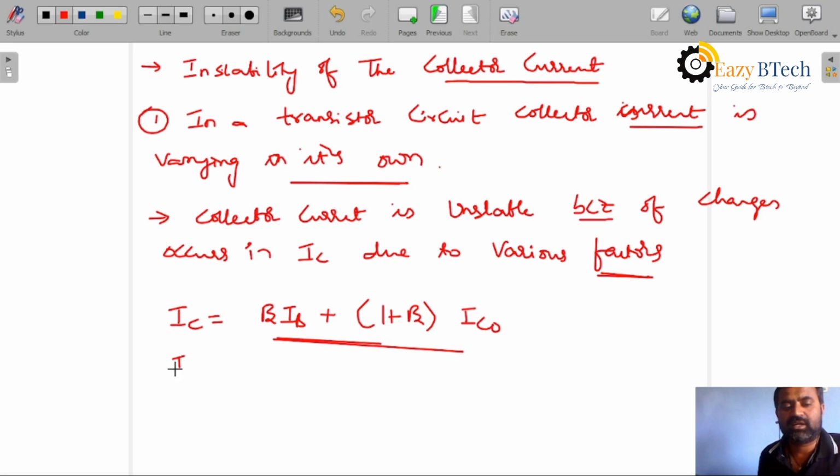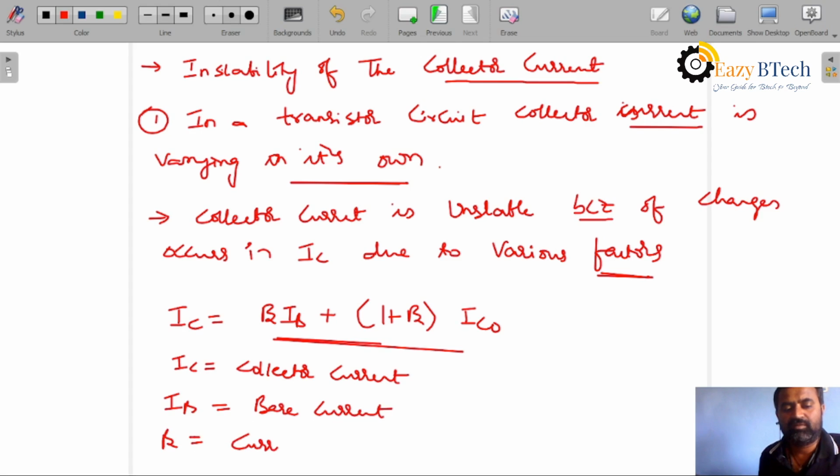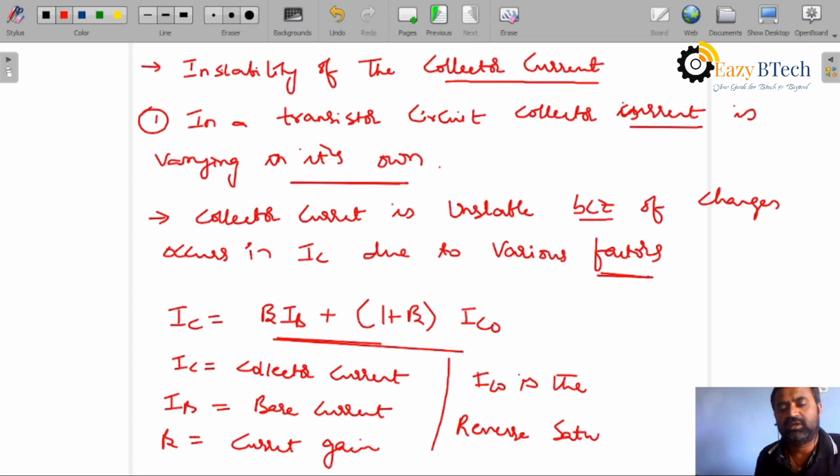IC is the collector current, IB is the base current, beta is the current gain, and IC naught is the reverse saturation current. It is a standard current equation.